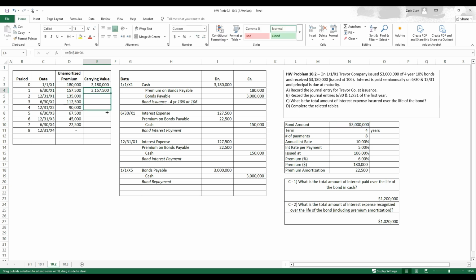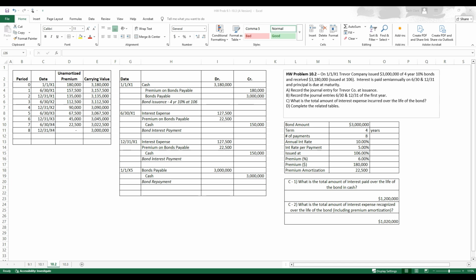So then we can say after the whole 4 years and 8 payments, the premium goes to 0. We've adjusted the interest expense every time we've made a payment over that whole period. And so when we get to the end of the whole thing, the carrying value comes back down to the face value of the bonds, and you make that bond repayment basically. So hopefully that's helpful.